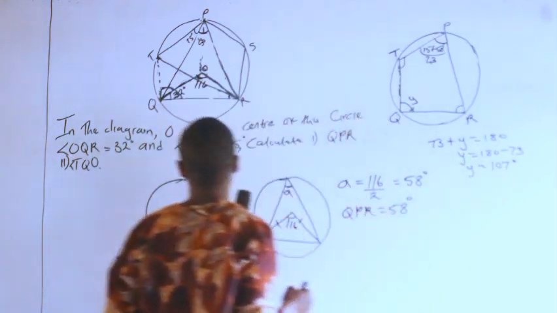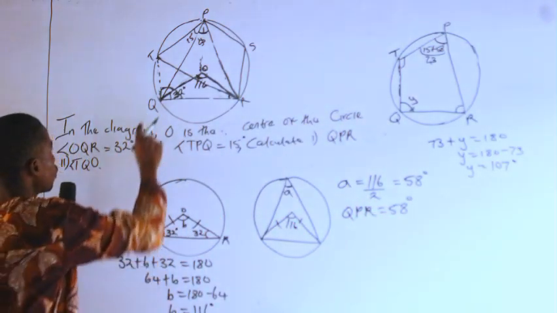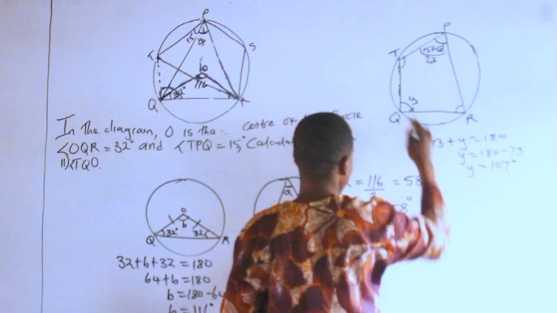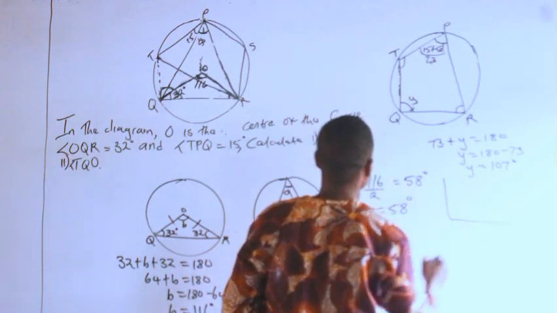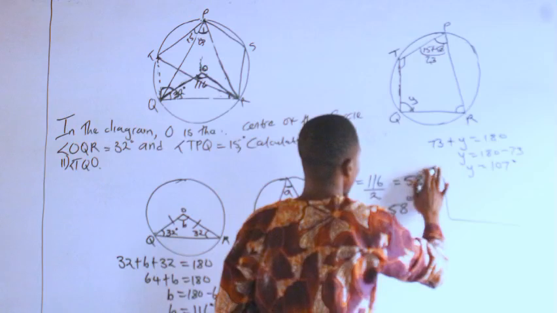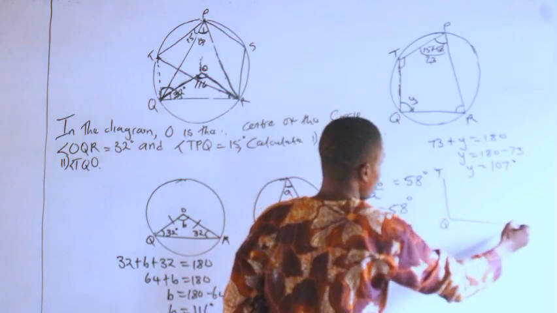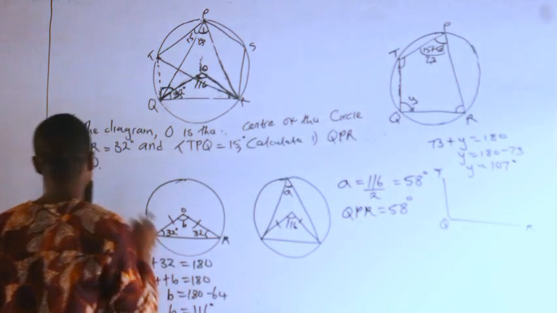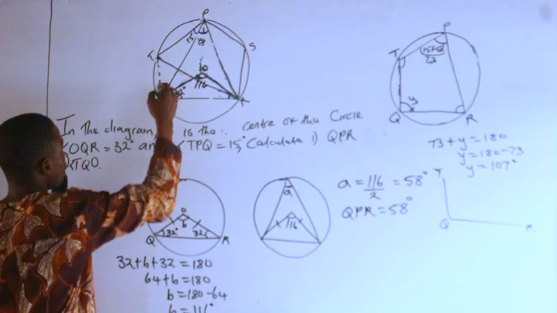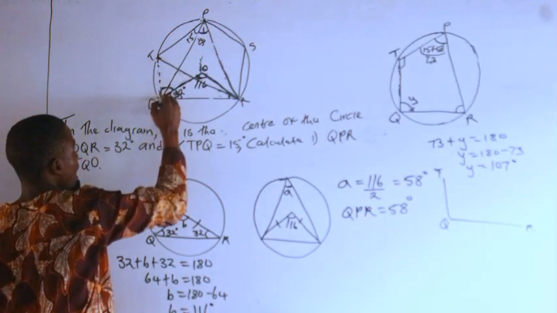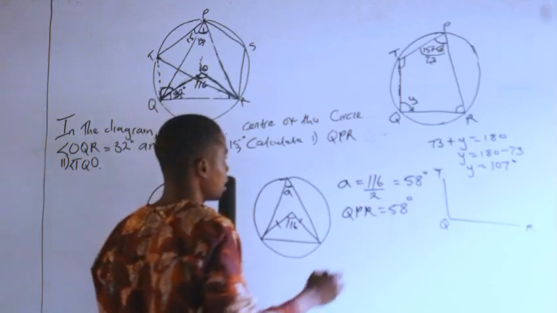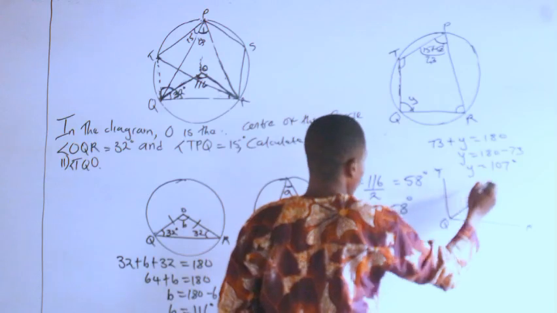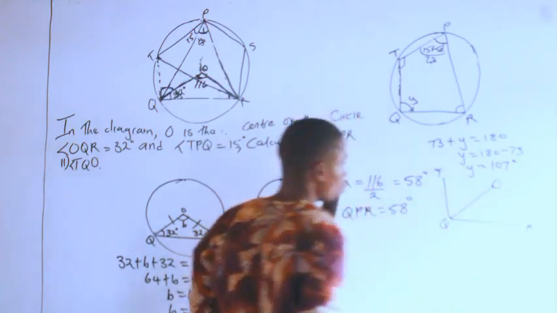Y equal to 107 degrees. Now, after you have known the 107, I want you to analyze this place, go like this and like this. This is angle T, Q, R. They said we should find T, Q, O, from here to the center of the circle.